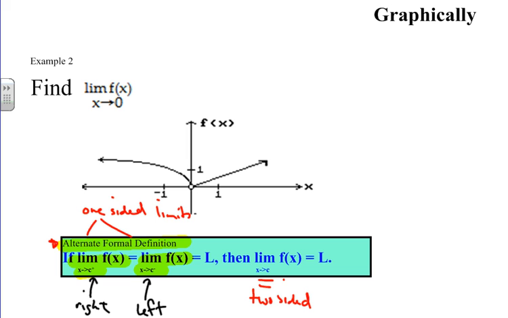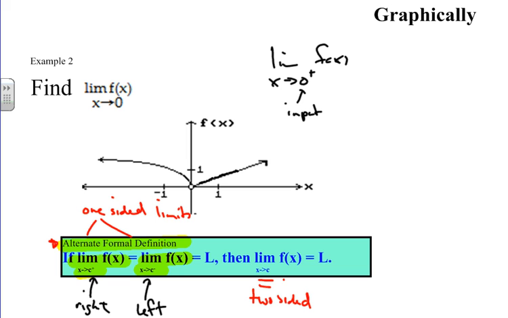So let's take an example right here. Using this graph of the function f of x, let's find the limit as x approaches 0. We first identify: what is the limit as x approaches 0 from the right side? Well, we take our graph and start plugging in x values getting closer to 0, because that's our input.